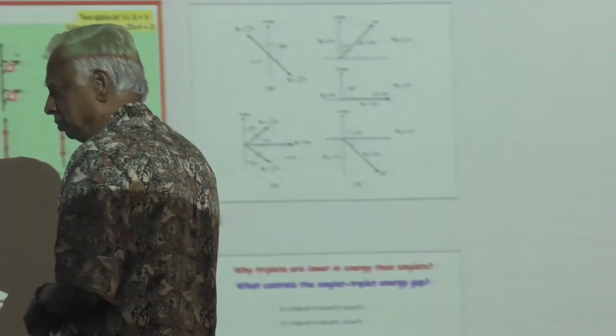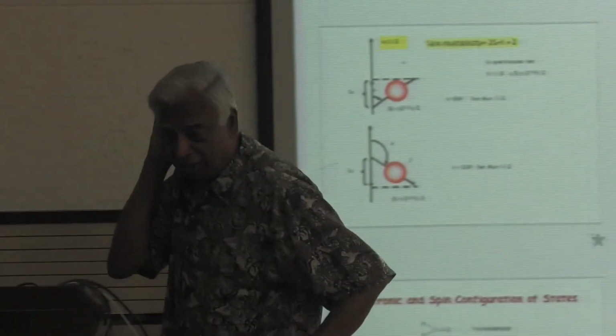Suppose you have n to pi star and pi to pi star. Which one will have the larger singlet triplet gap?